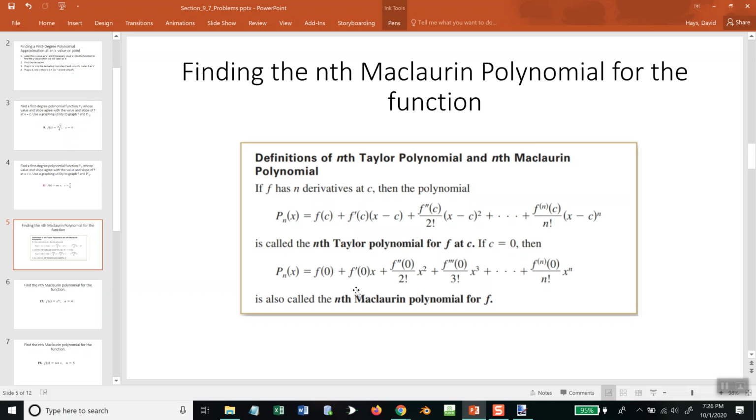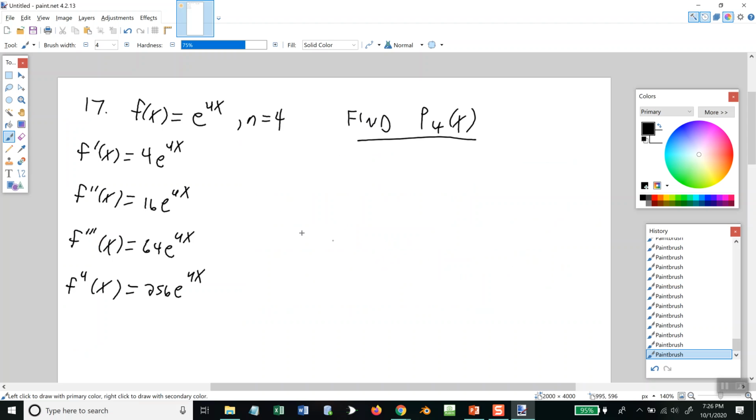Now comes the evaluation. You notice on all of these, we're plugging 0 in, aren't we? Always. It doesn't say c, it always says 0. So f prime of 0 would be 4e to the 4 times 0. 4 times 0 is 0, e to the 0 is 1, times 4 is 4.